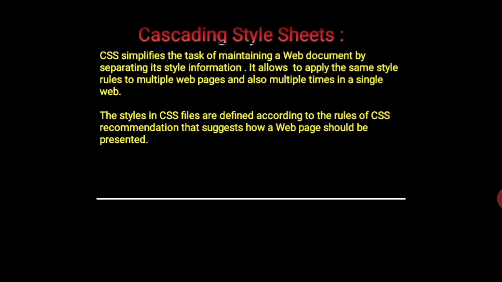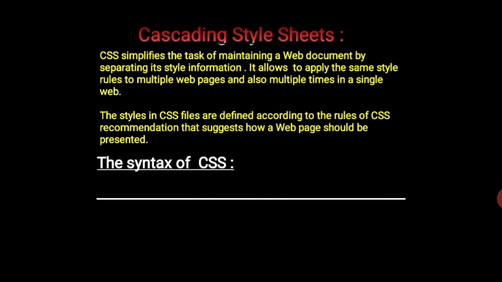The styles in CSS files are defined according to the rules of CSS recommendations that suggest how a web page should be presented. That means you have to follow a few rules of CSS, and accordingly we can write the program or present the document.